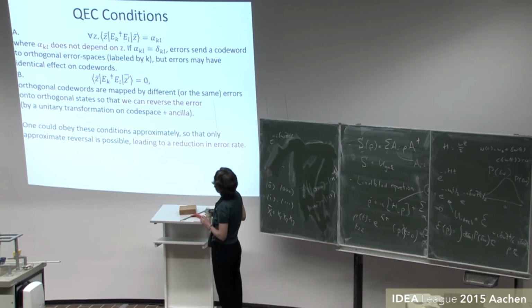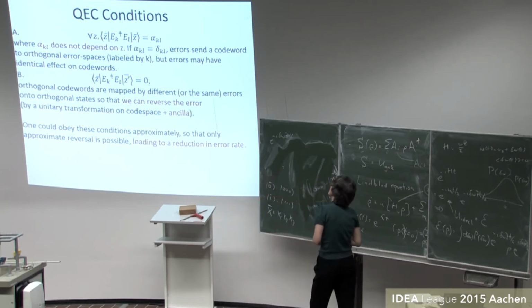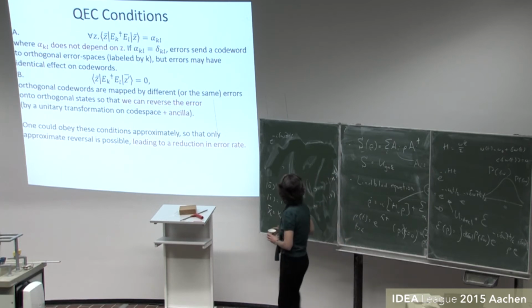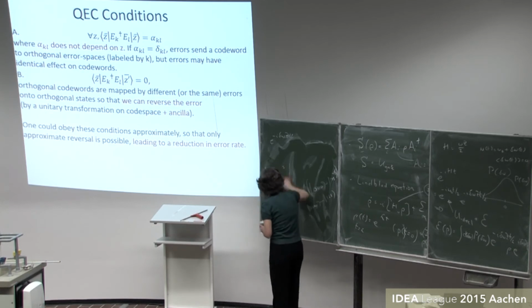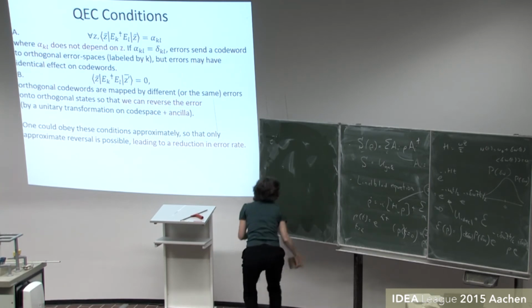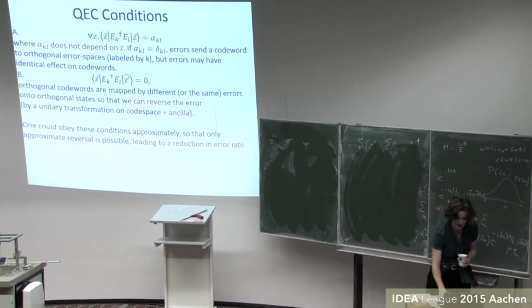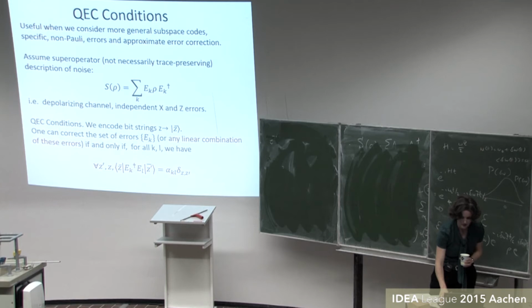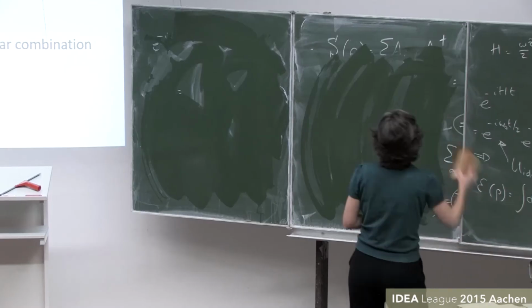So why is this important? I say these are the error correction conditions. What does it mean? I say we can correct a set of errors if and only if. Now, what does it mean to correct a set of errors? I think I have to first specify that.